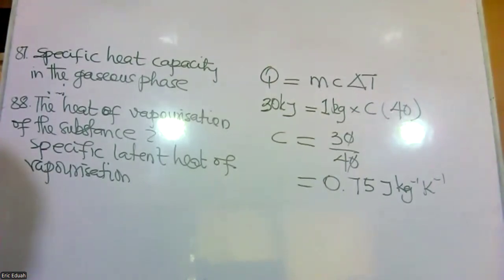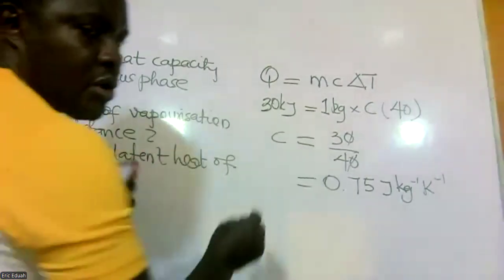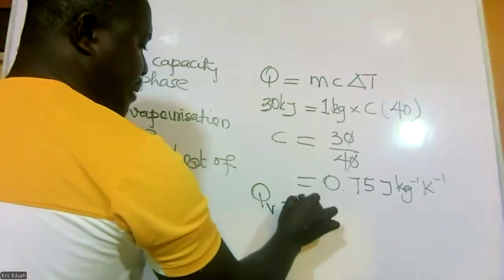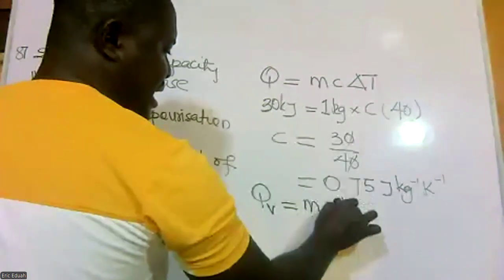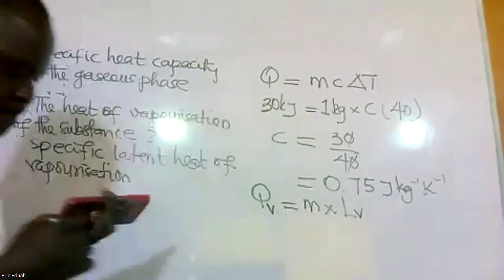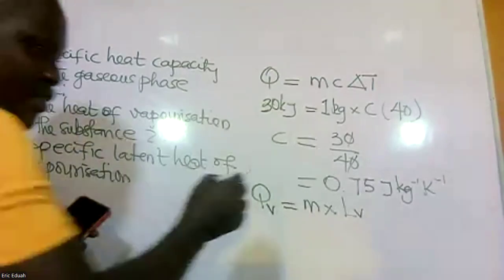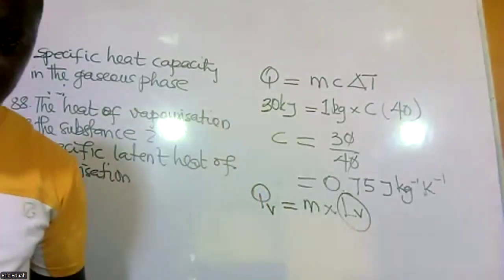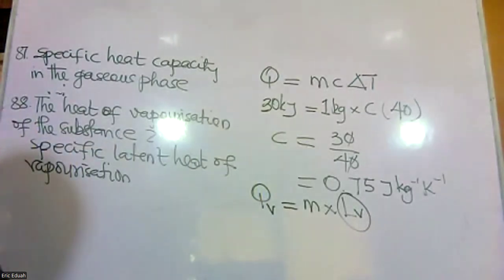So what is the specific latent heat of vaporization? So QV is equal to M times LV, and they are looking for this. I want to see how you can think through.